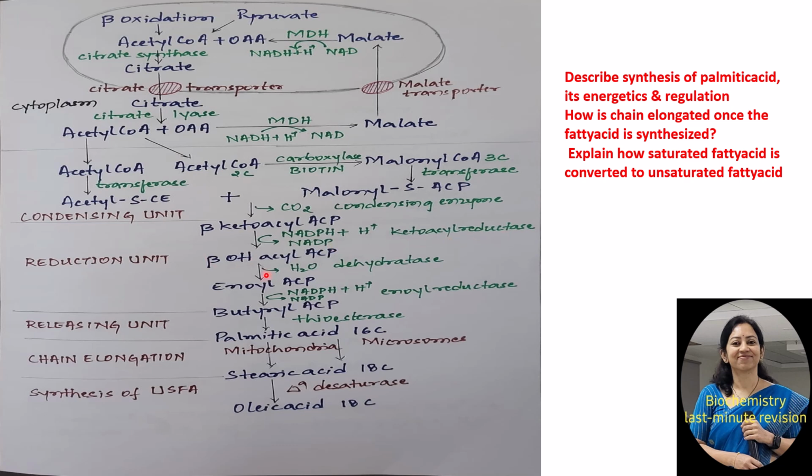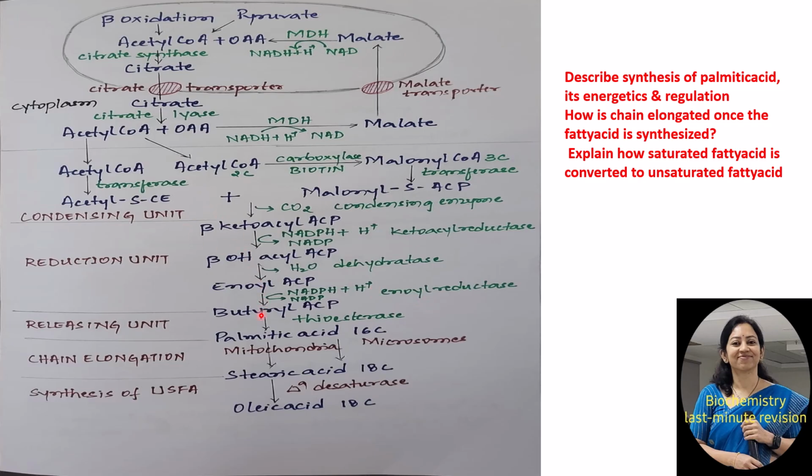In the next step, this beta-hydroxyacyl ACP undergoes dehydration to form enoyl ACP, or alpha-beta unsaturated ACP. In the next step, enoyl ACP gets reduced to butyryl ACP, and the reducing equivalents come from NADPH, and the enzyme is enoyl reductase.